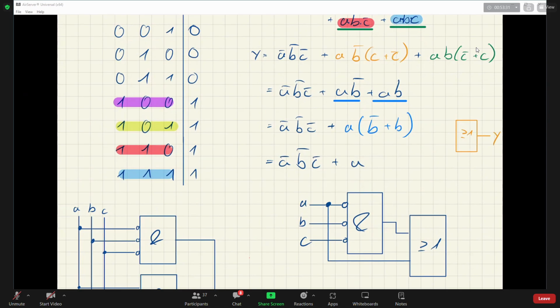The output is always one. So if C is 0, then that path is true. If C is 1, then that path is true. It's always 1. And if you are looking back and studying the material, you see here that X or X naught is always 1.